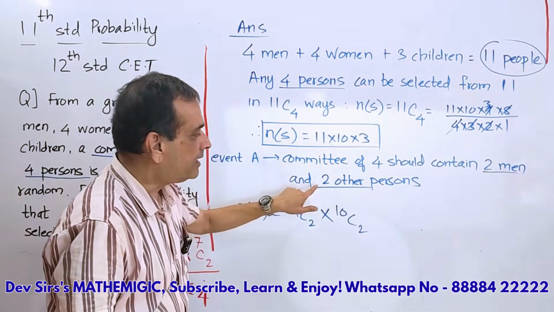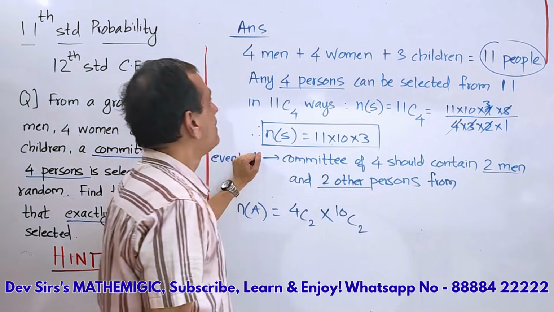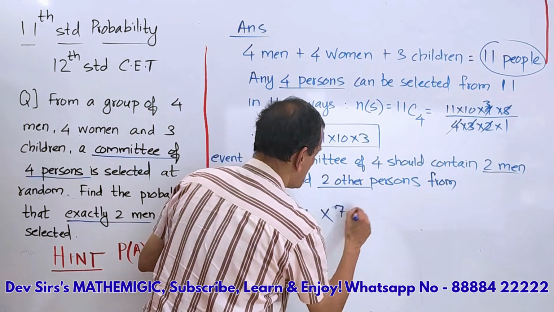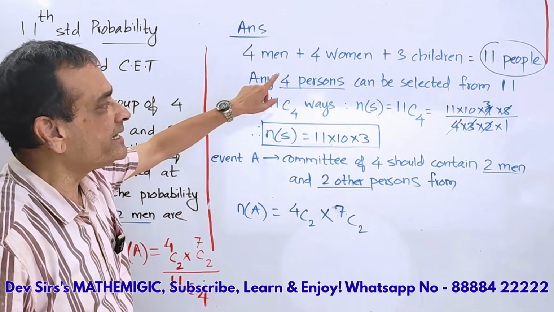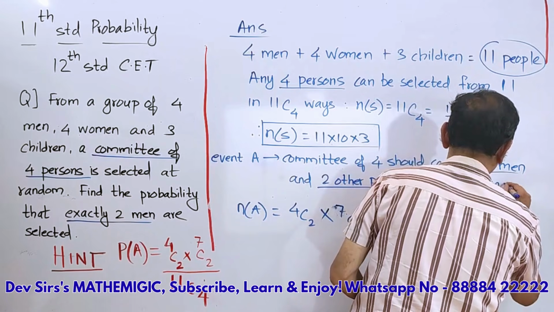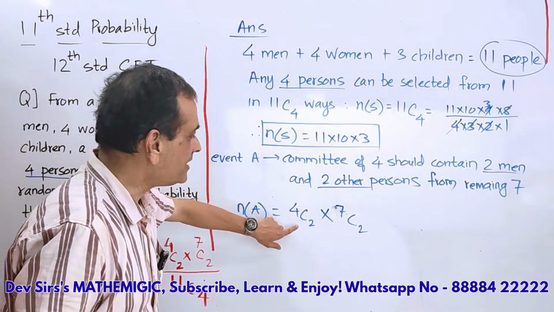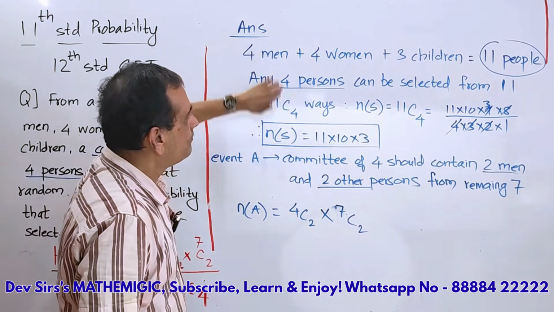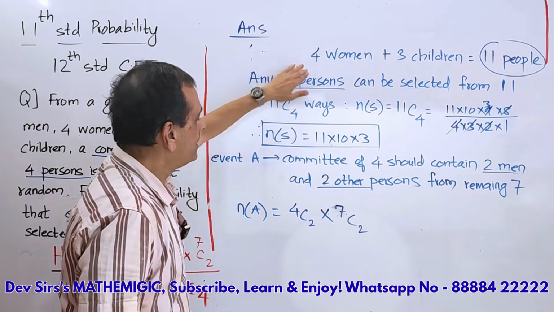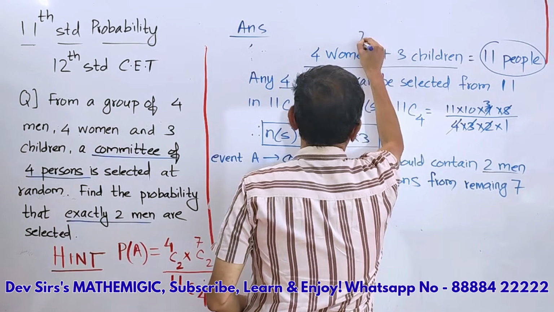So I'll just add here, and 2 other persons from, not 10, sorry, 7. 2 other persons from the remaining 7 persons. After selecting 4C2, the selection of men is done, but 2 persons are to be selected from 4 plus 3, 7.